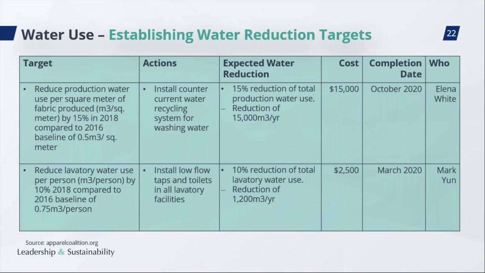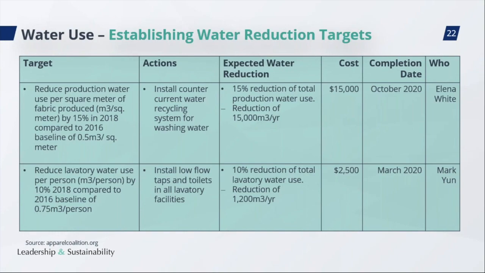And here now, this is quite a detailed table, but this is just an example of 2 targets. They may not be applicable to you, but it's just an example. So in the first case, the target is to reduce production water use per square meter of fabric produced by 15% in 2018 compared to 2016.